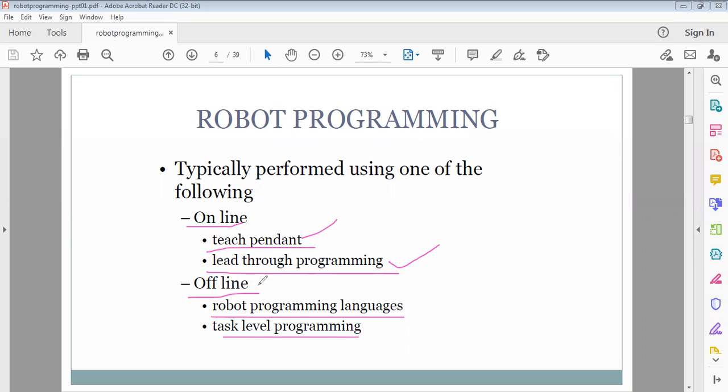Offline programming means that without teaching the physical structure of the industrial robot, we give the program. We can write the program on our laptops and desktop PCs. Online, with the intervention of the industrial robot, we need to write the program. That is the kind of online programming.